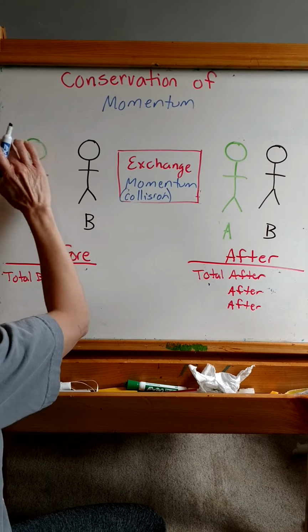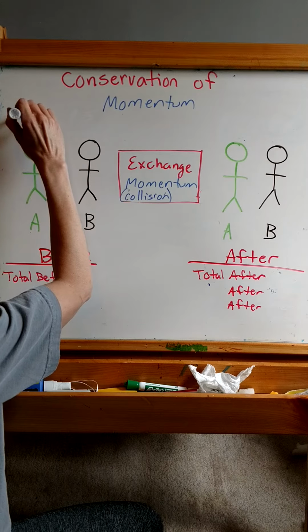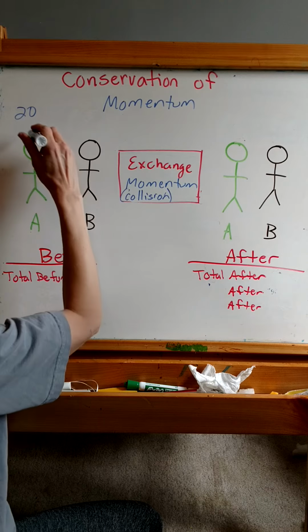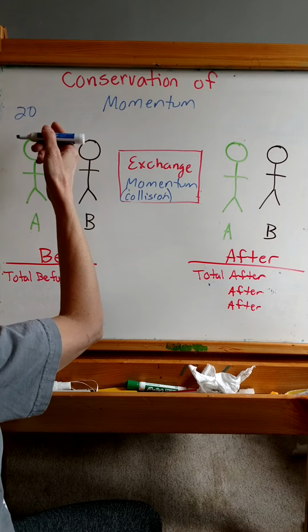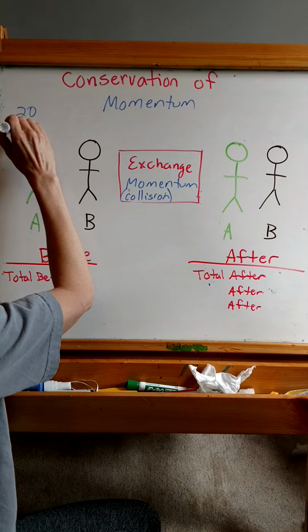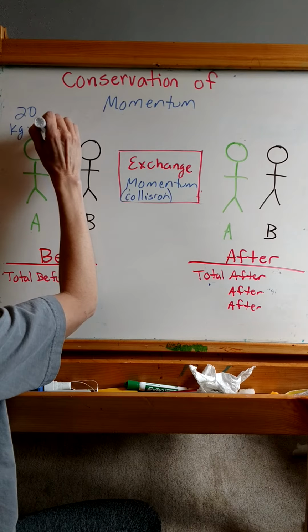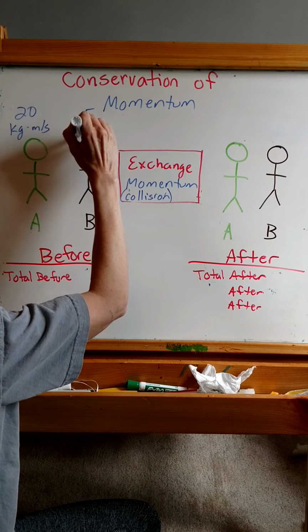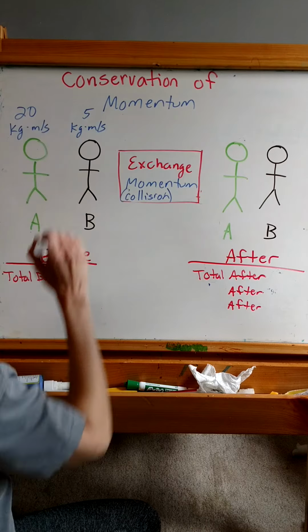Okay, so if person A had 20, now last time we were talking about dollars, this time we're talking about momentum. The unit for momentum isn't dollars, it's kilograms times meters per second. And let's say that person B has 5 kilograms times meters per second.